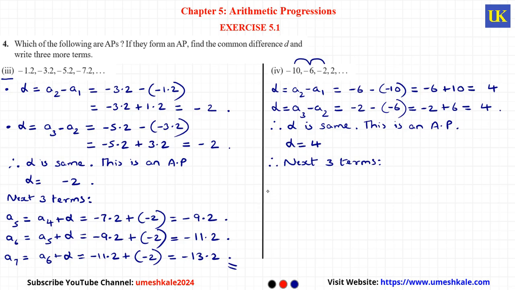Okay. So a fifth term we will write. For that we have to do A4 plus D. So A4 is what? A4 is 2 and D is 4. So the answer is 6. Then A6, A5 plus D. So A5 is 6.